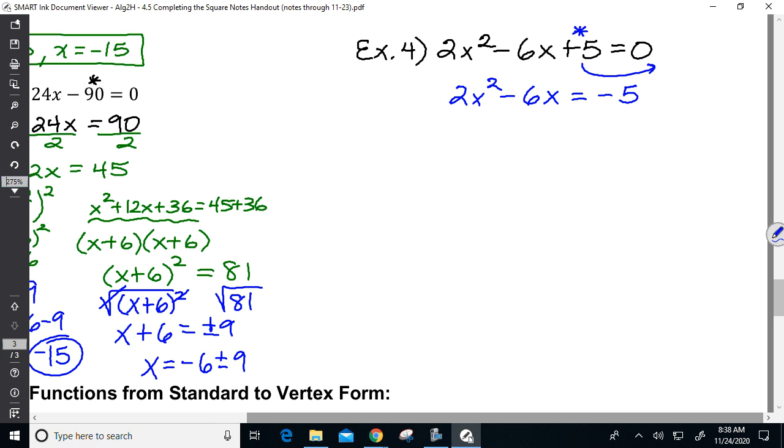Now you take care of the a value. A is equal to 2. So everything gets divided by 2. So x squared minus 3x equals negative 2.5.